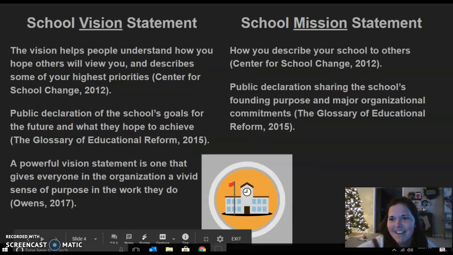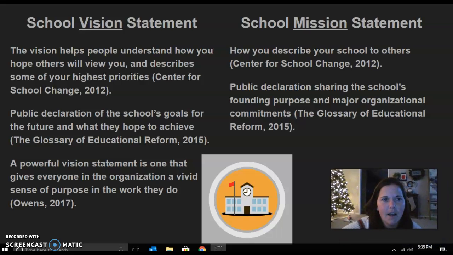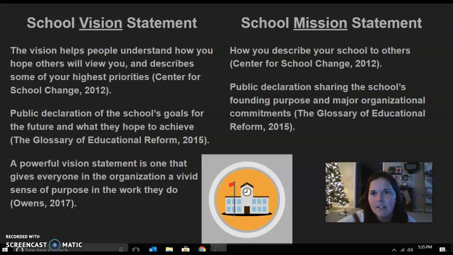All right, so our first task was to determine the school vision statement and school mission statement and how they are alike and different. So I've got lots of references here. Basically, what I learned was that the vision statement helps people understand how you hope that others will view you and describe some of your highest priorities.